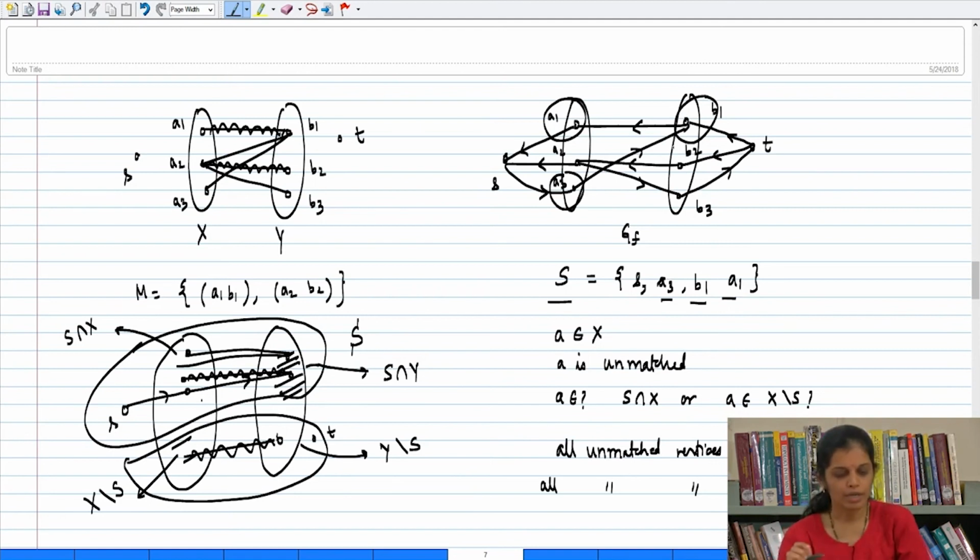Okay, so now what I claim is that all the matched edges are sitting horizontally in this picture. So I will look at this set which is X minus S and S intersection Y, this part, right?